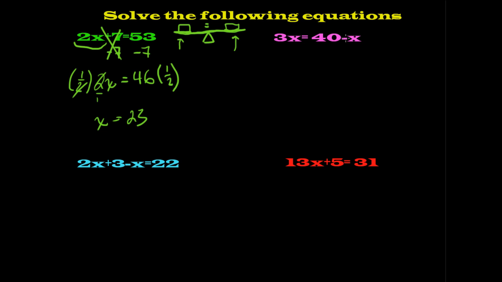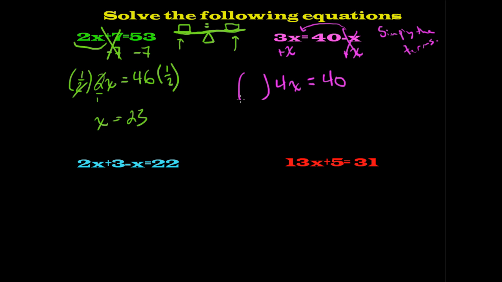Next problem. Notice there's 2 x's. We're going to simplify the terms first and then we'll solve. So I like having my variables on the left hand side, so we will add this x to each side. These x's will cancel. We're left with 3x plus x, which is 4x, equals 40.